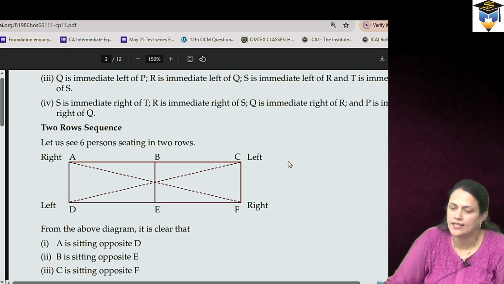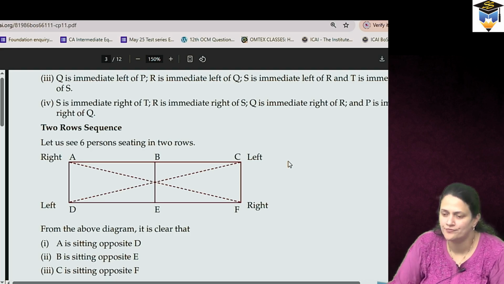So now here you can see there are 6 persons who are sitting in a row.